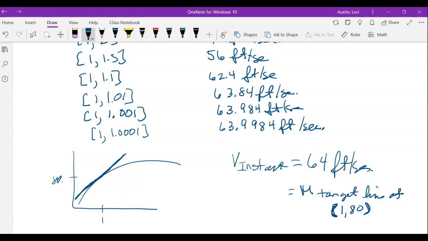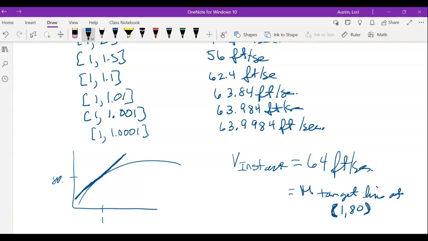This brings us to the idea of a limit, because not once did we actually figure out what was happening at exactly 1, right? We figured out what was happening at 1.00001. We never found out what was happening at exactly 1, but we got there by using a limit. That's the idea of a limit.